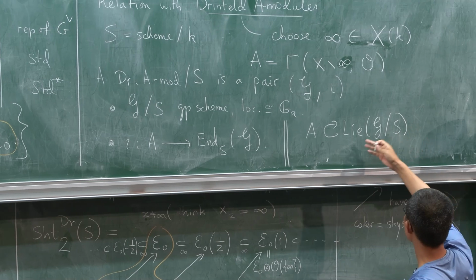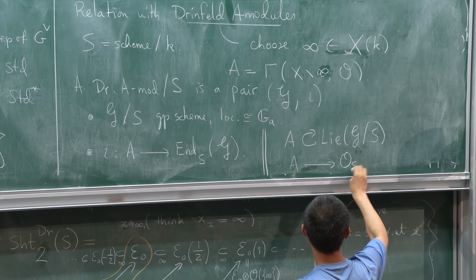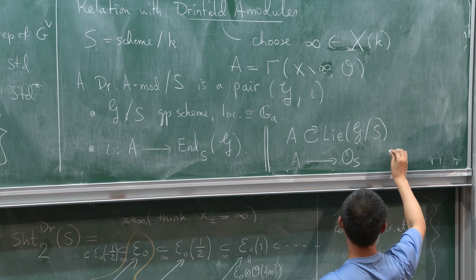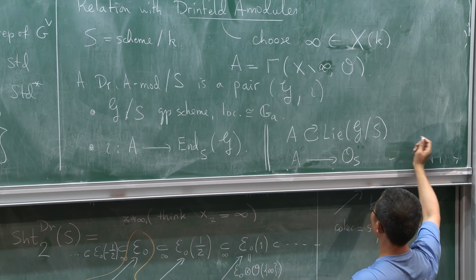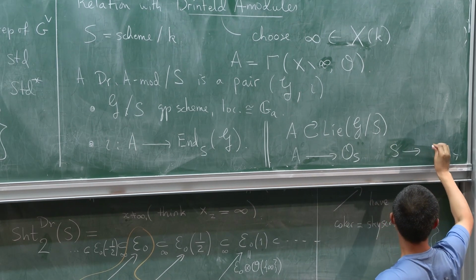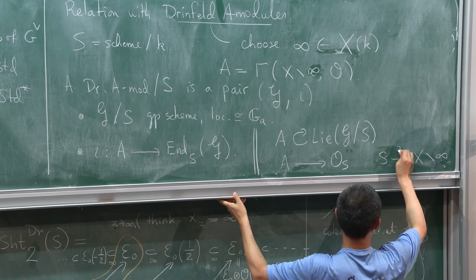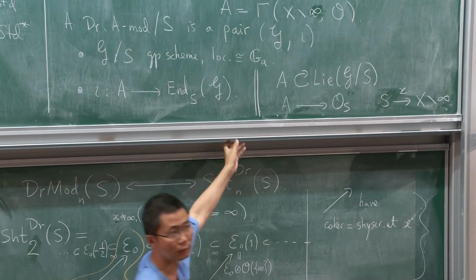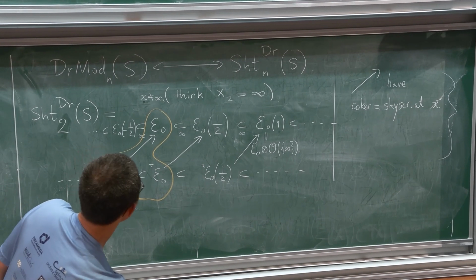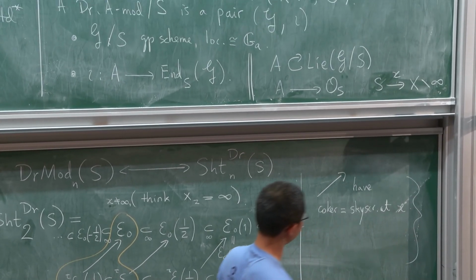This Lie algebra is some line bundle over S. So this action is given by a ring homomorphism, which on the level of spectrum gives a map from S to X with infinity removed. That gives the first leg. Okay. Yeah, so this is how you read off the leg from the Drinfeld module. This is classically called the characteristic of the Drinfeld module.